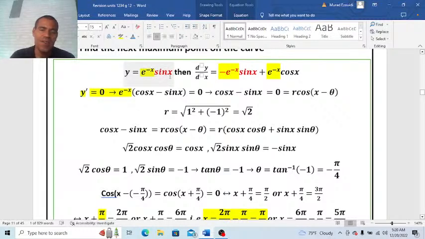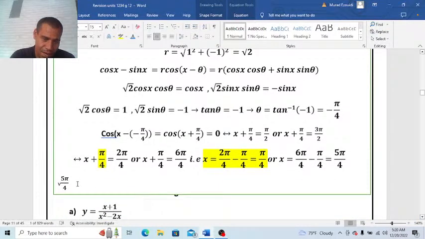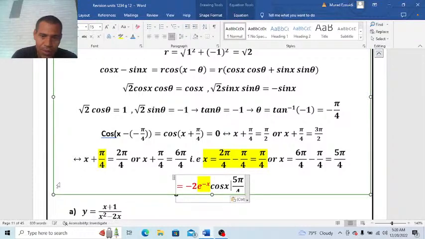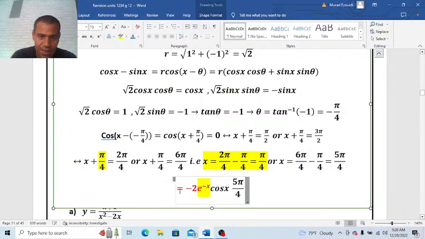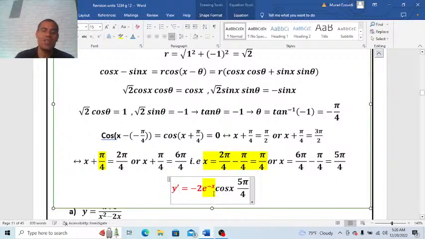Okay, the sign should be negative. Then I will write my equation. This is dy with respect to x, the second derivative, y dash, is equal to minus 2 exponential minus x cosine of x.